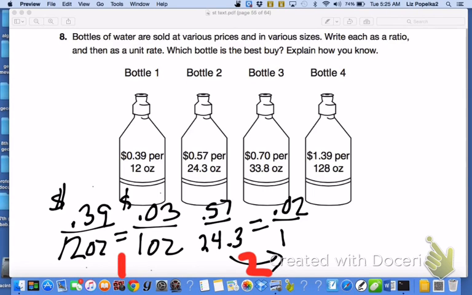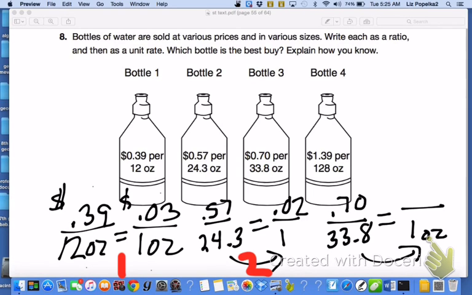This is bottle 1. For bottle 3, I'm going to do 70 cents per 33.8 ounces. I'm going to scale down to 1 ounce by dividing by 33.8. If I round, this one is also around 2 cents an ounce.